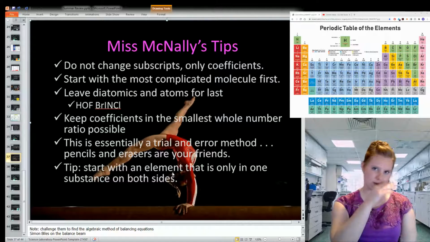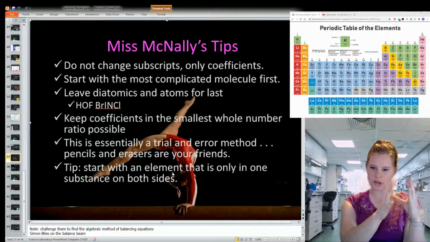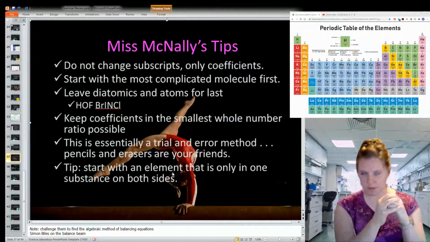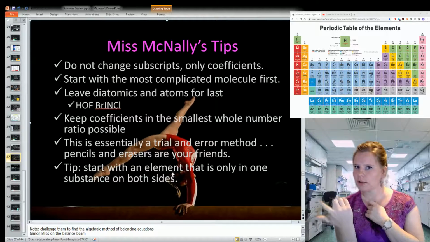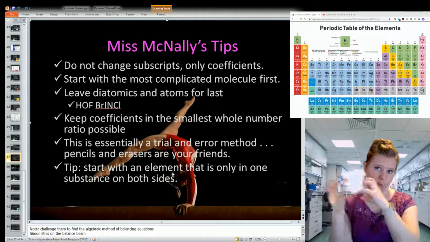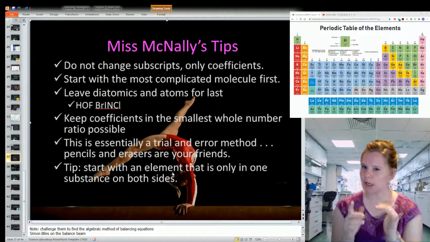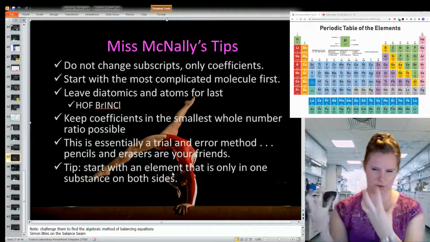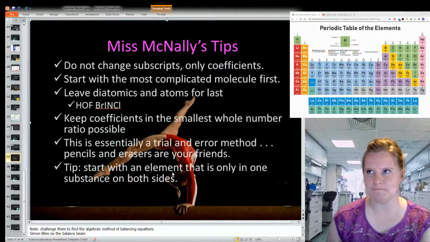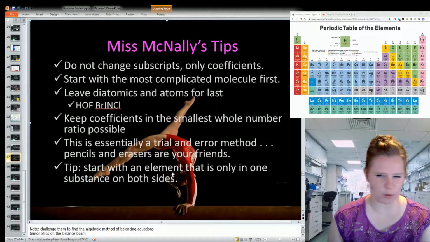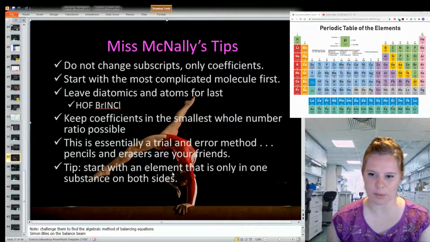For instance, if you have oxygen, and on this side of the equation, oxygen is only in one molecule, maybe an SO4 or something like that, but on the other side of the equation, you have SO2 and then H2O, so that O is now in 2 places. That can get tricky to balance because changing one thing, now you have 2 things. It just gives you more options for trying to get it to balance, but there's only one right option, so it can be a little bit tricky that way.